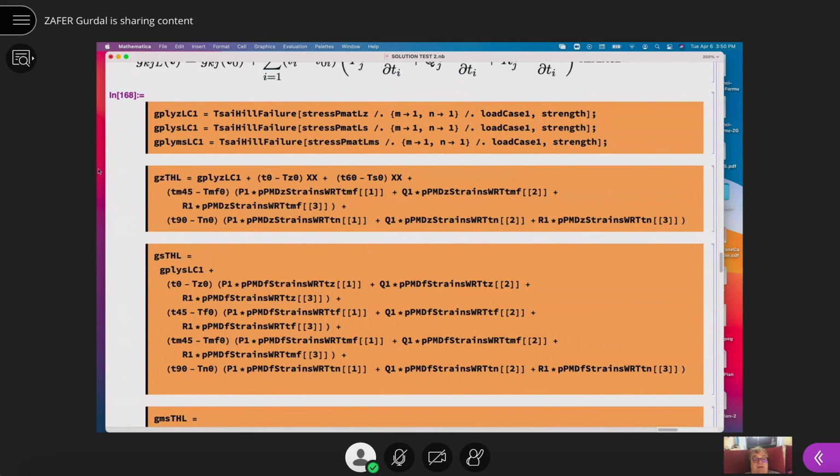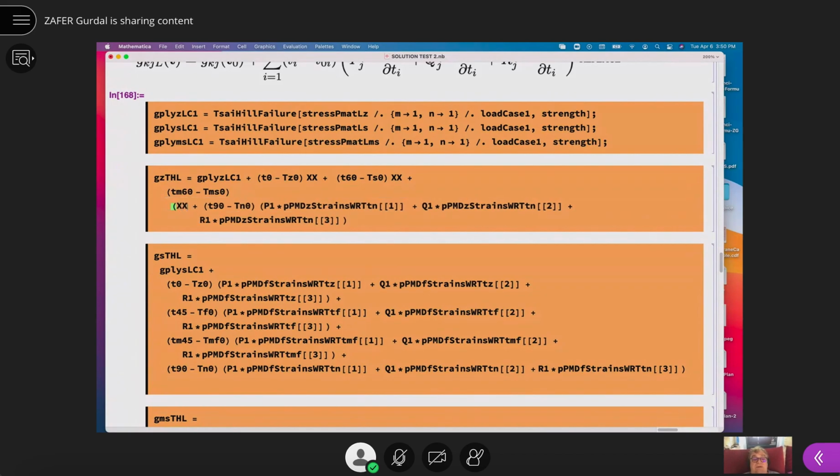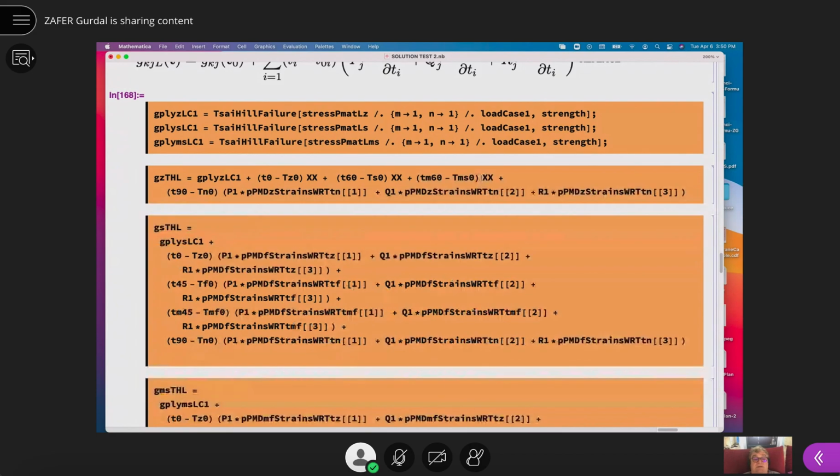And T minus 60, T minus 60,0 times that capital XX, and there is no 90.